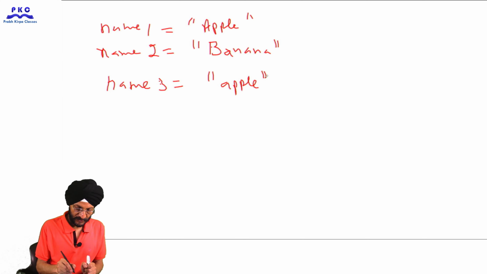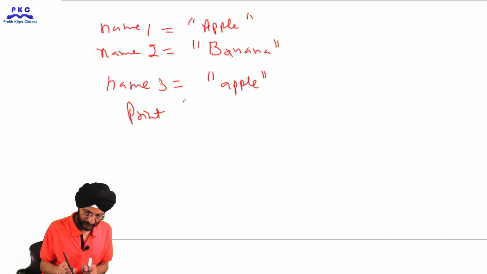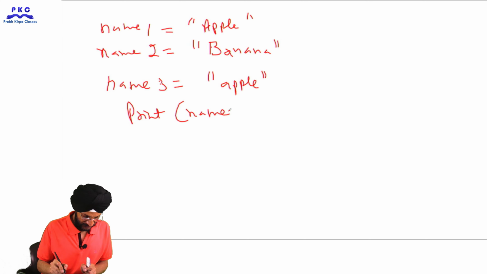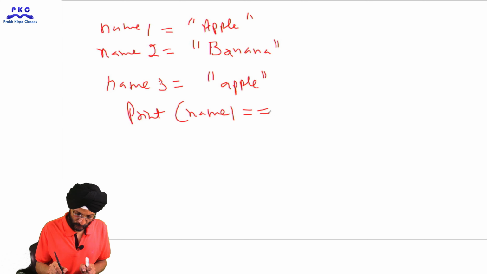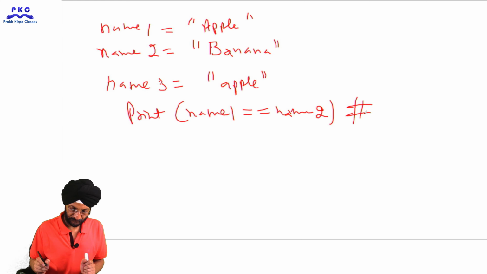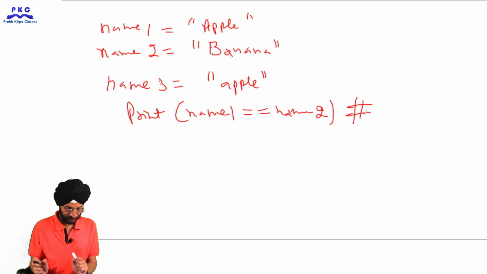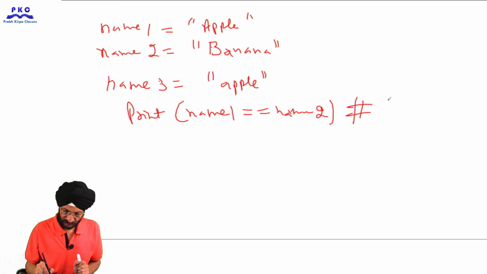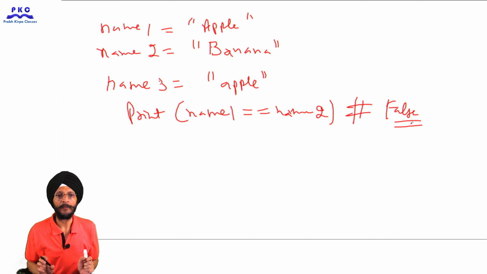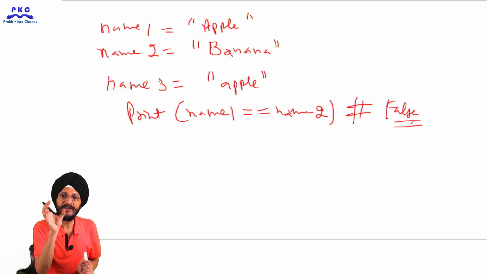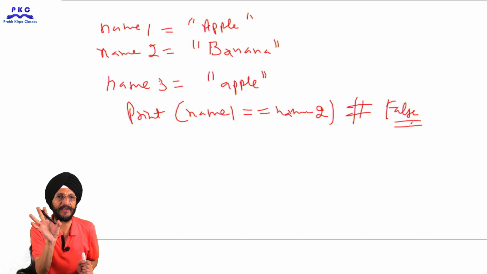So now we will use the print function. Print name 1 is equals name 2. What will be the output? In the first variable name 1, apple is stored. In the other variable name 2, banana is stored. So the output is false. Apple is not equal to banana. The string values contained in both are different.